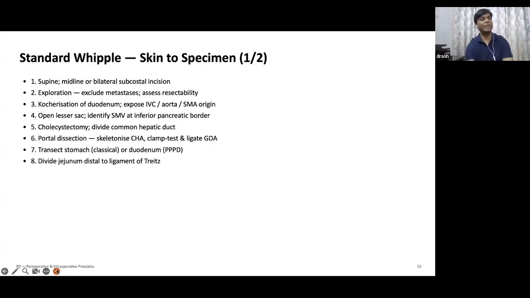The best thing is, just to confirm your tunnel formation is completed, because already we have said you should start from the inferior. You just check your tunnel is formed. And superior dissection is also important. The main artery, the hepatic artery, and the branch GDA, and the superior border of the pancreas, this triangle has to be clear, because if you're not clear on that triangle, you may not go through the tunnel.